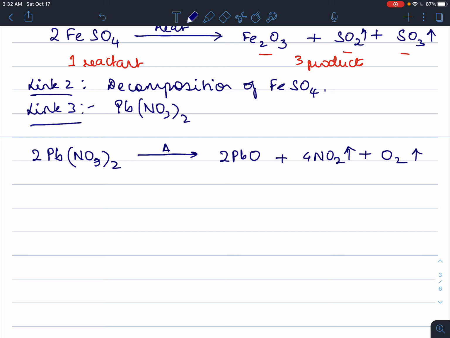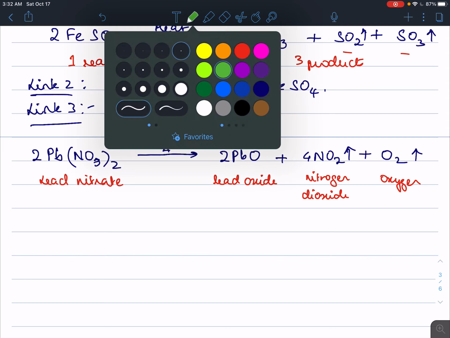This is, let me write the names of the compound just so that you know. This is lead oxide, lead nitrate, nitrogen dioxide, and oxygen. Now these two are gases.